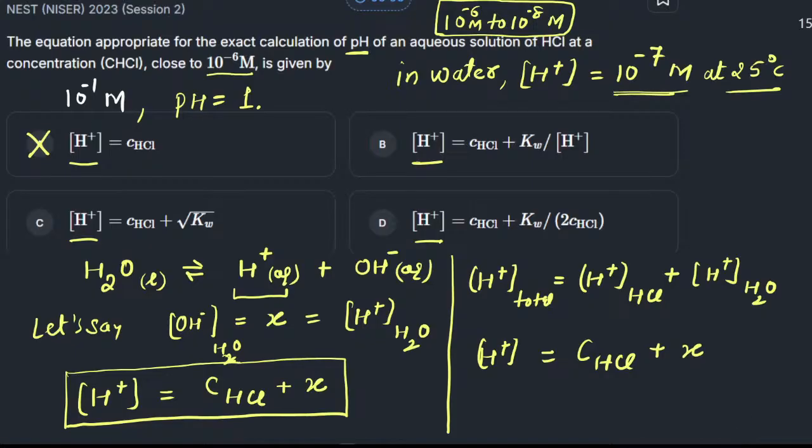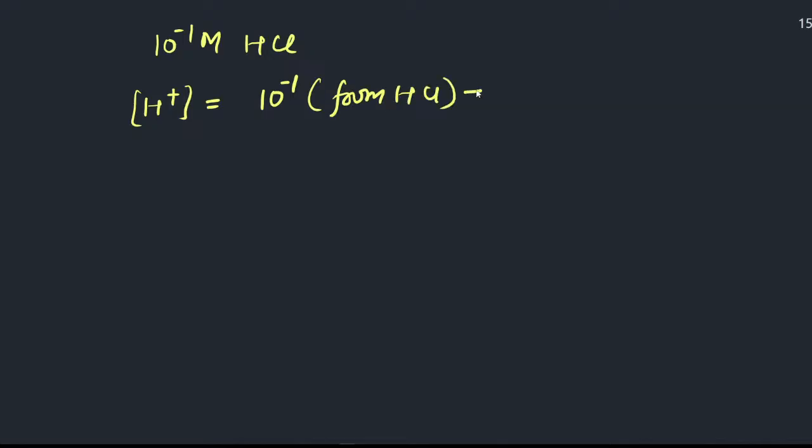In case of 10 raised to power minus 1 molar HCl, the exact H plus ion concentration is not equal to 10 raised to power minus 1. It is 10 raised to power minus 1 from HCl plus 10 raised to power minus 7 from water, at 25 degrees Celsius.